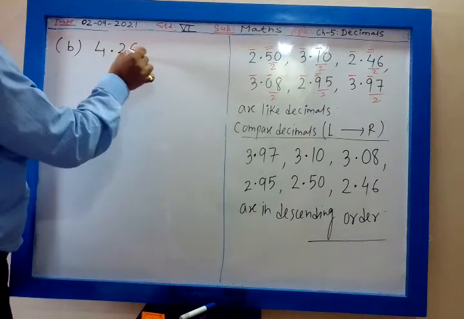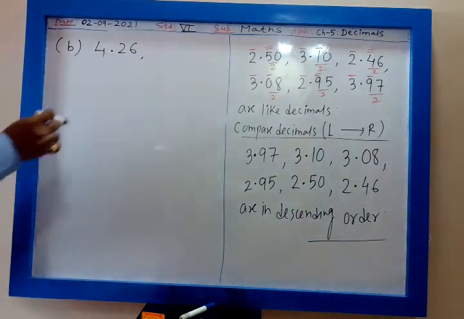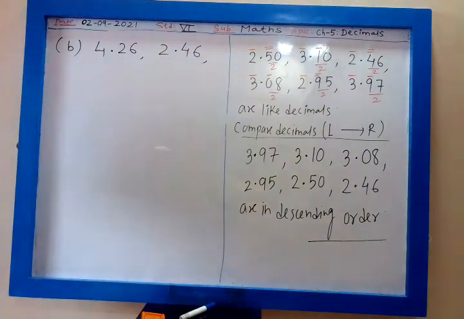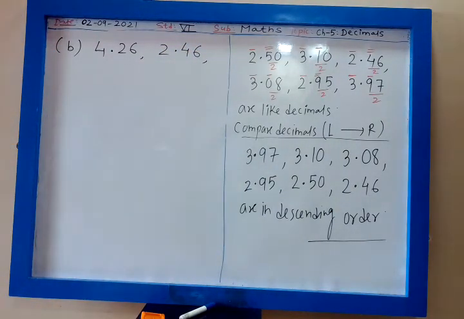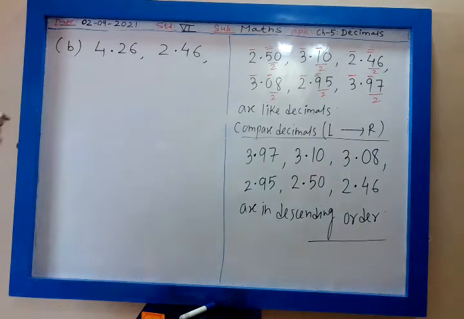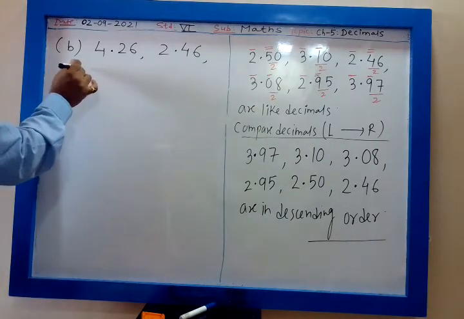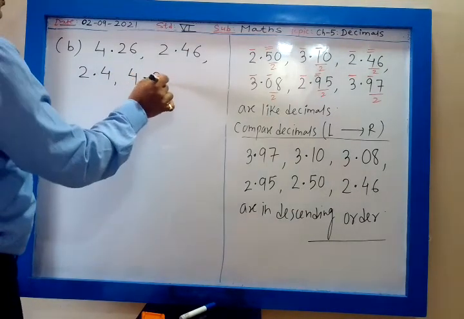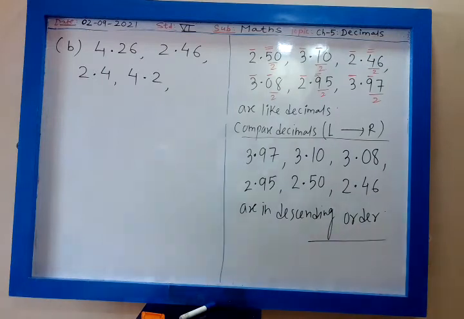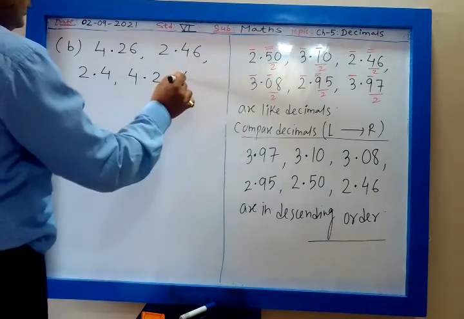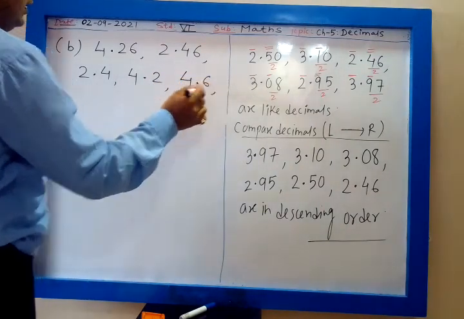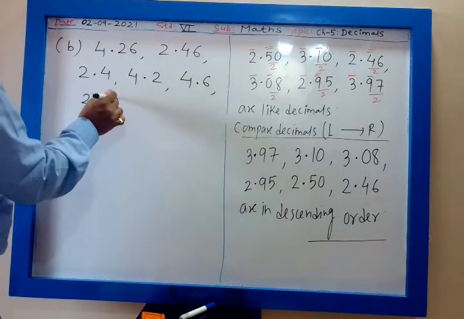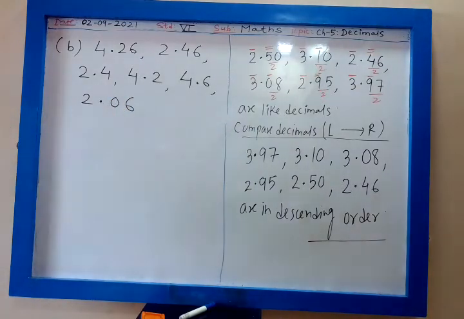First you convert them into like decimals: 4.26, 2.46, 2.4, 4.2, 4.6 and 2.06.